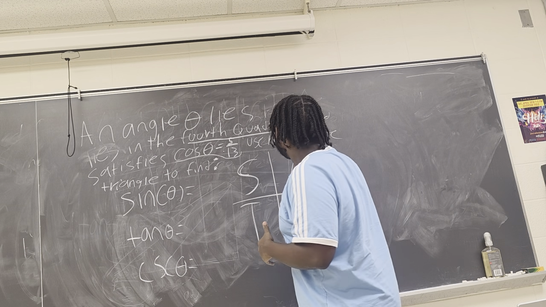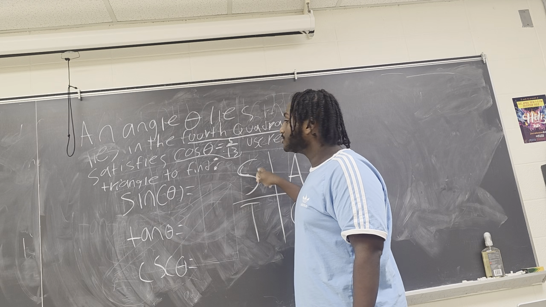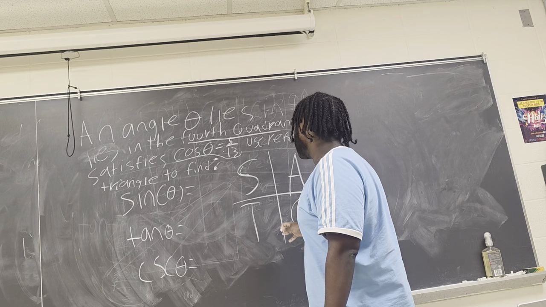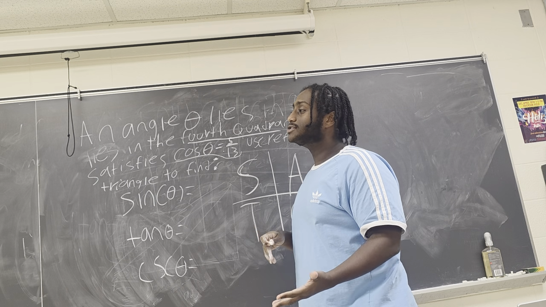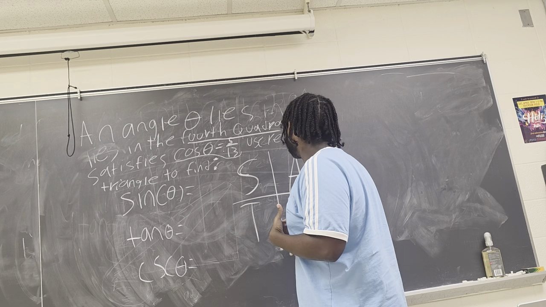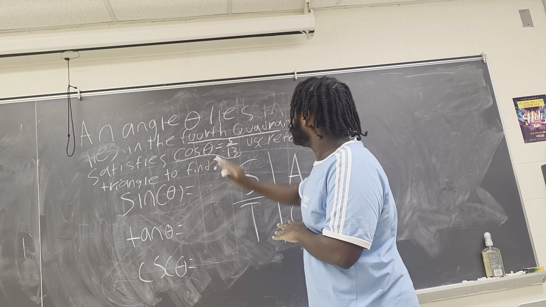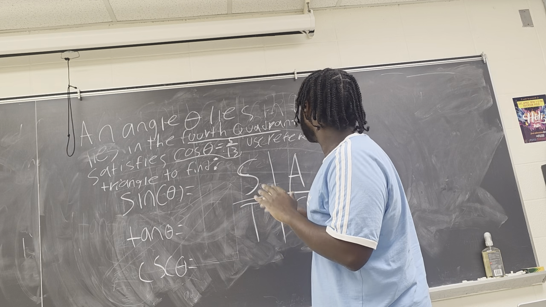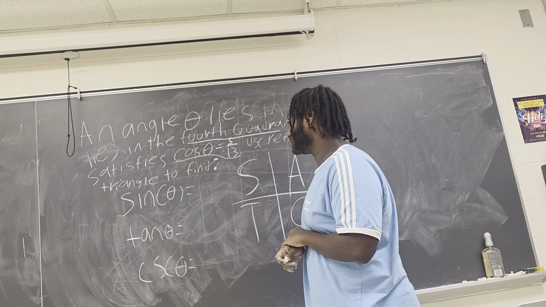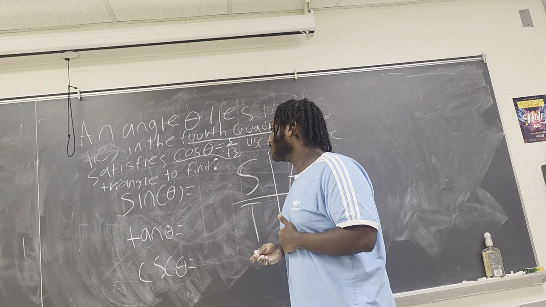In the first quadrant, everything is positive. Second quadrant, sine and cosecant are the only things positive. Third quadrant, tangent and cotangent. And in the last one, cosine and secant are the only things positive. So in the fourth quadrant, only cosine and secant are positive, which is why cosine is positive in the problem.